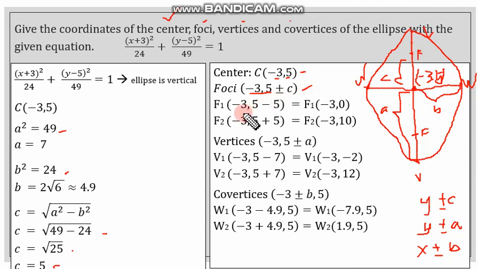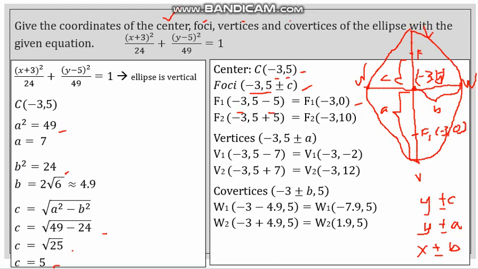So negative 3, and 5 minus 5 is 0, so focus 1 is at negative 3, 0. While focus 2 is negative 3, and then 5 plus 5 is 10, so focus 2 is negative 3, 10.